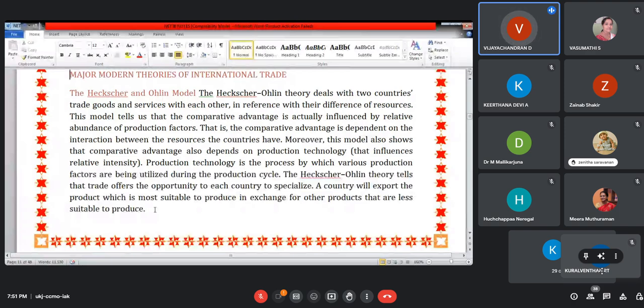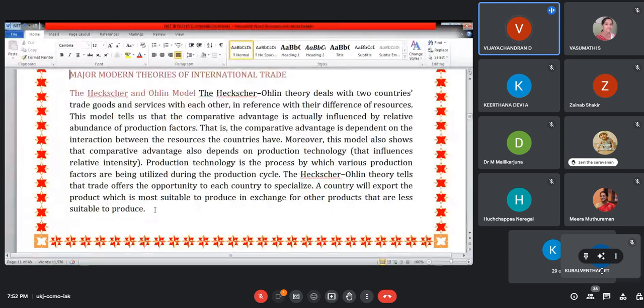The country which has the advantage will trade more of that product, and another country which specializes in another product will trade more of that. They will exchange their products based on their comparative advantage. So that is known as the Heckscher-Ohlin model, comparative advantage.